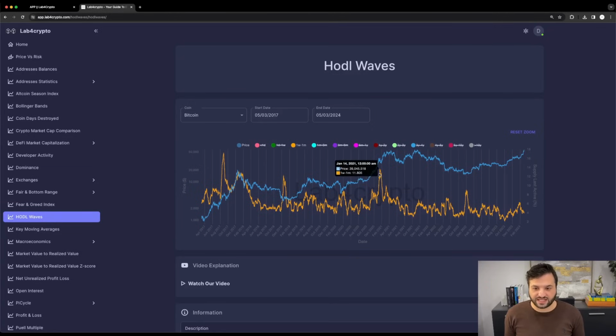And if we see 2021 and compare it with 2017, you will see that when we breached the 2017 all-time high, we had immediately a spike in the number of users that joined the market, and they immediately left when they saw a drop in Bitcoin price, when it moved from 40K to 33K.